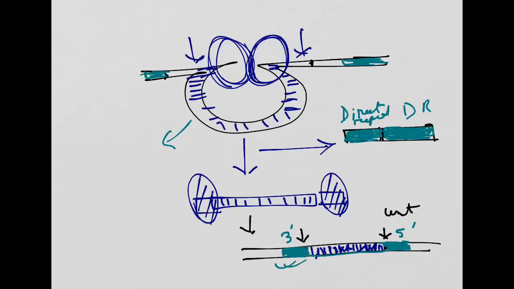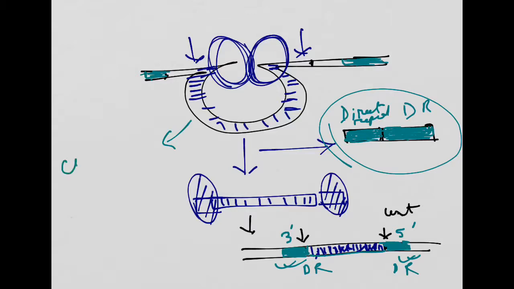New direct repeats will be formed wherever they get inserted into a new DNA molecule. The old one will be left behind because this is not exactly part of the IS element. So we can see that IS element moves by the cut and paste method. Now comes your composite transposon.